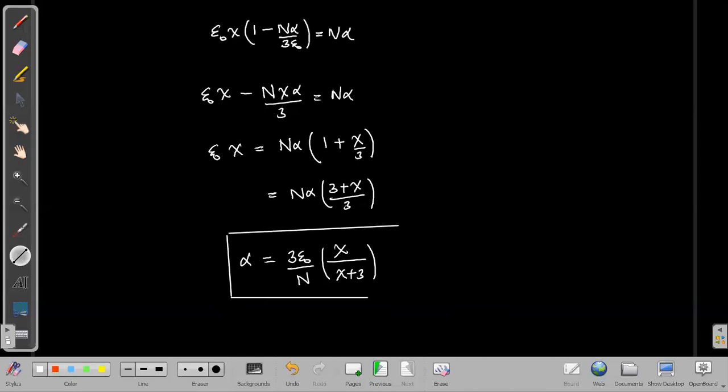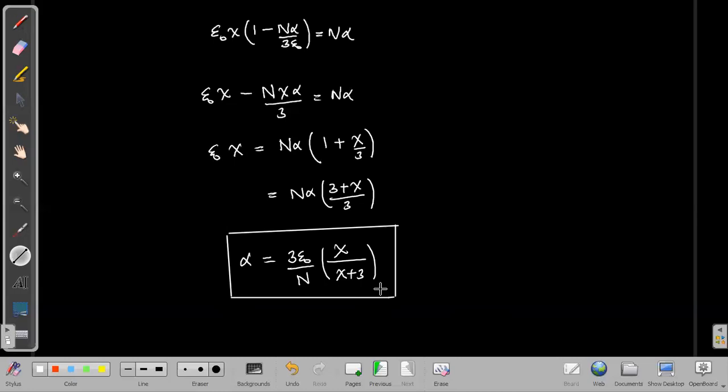But you may wonder that both alpha and chi are microscopic quantities. Alpha is the atomic polarizability and chi is the susceptibility.